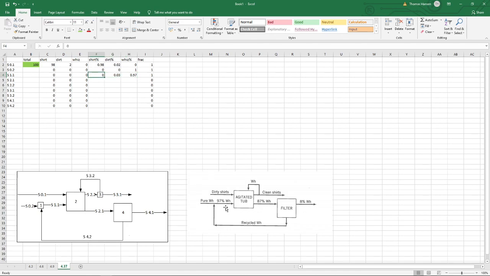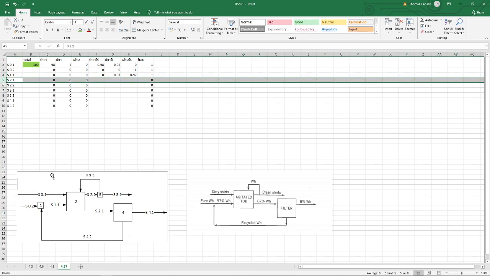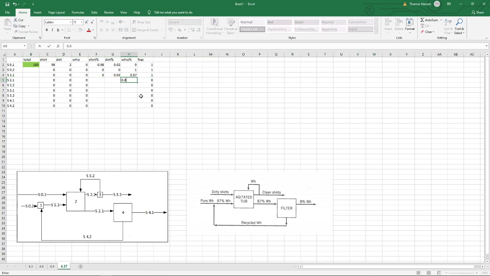What else do we know? In our 2.1, so that's this one, that corresponds to our 87% of Wizzo. Again, my dirt is 1 minus that amount. If you look at the assignment, you can see that there are some streams where we know there won't be any shirts.